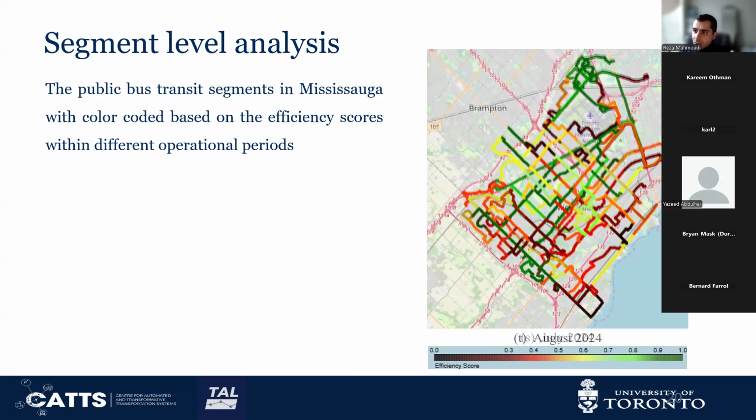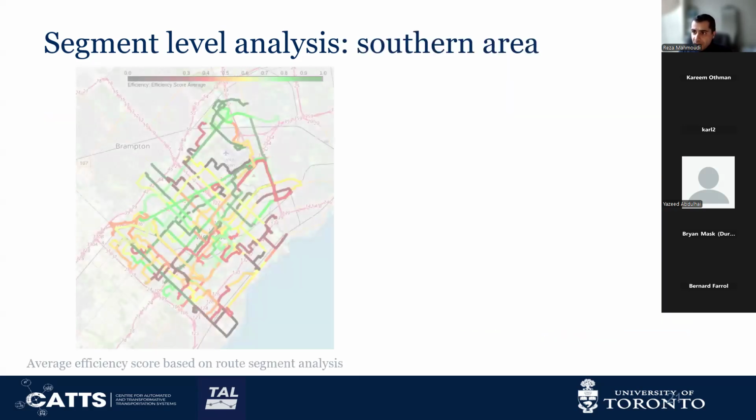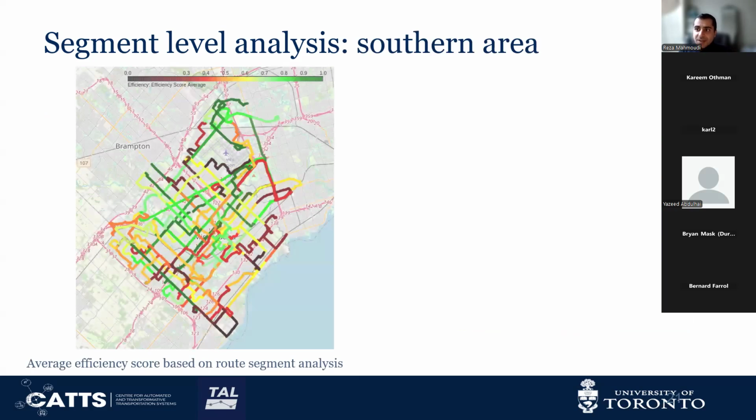Okay, let's focus on the segment level analysis. If I map the transit network based on the average efficiency score for each segment during these almost 2 years, we will see something similar to this. Just looking at this map provided by T-Spark, we can see a lot of details about the performance of our transit network.